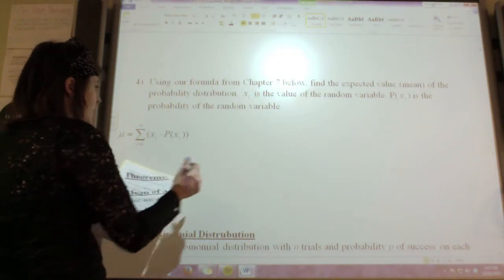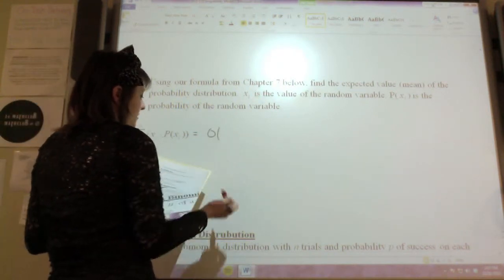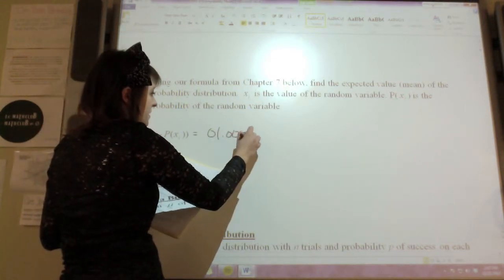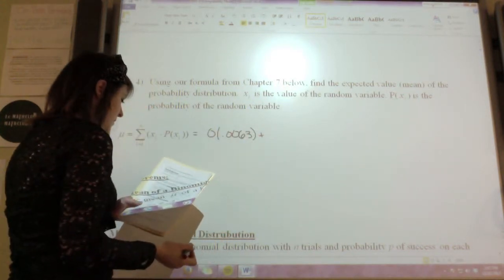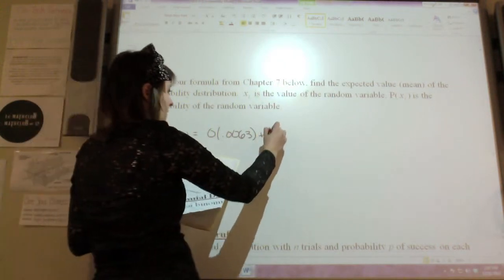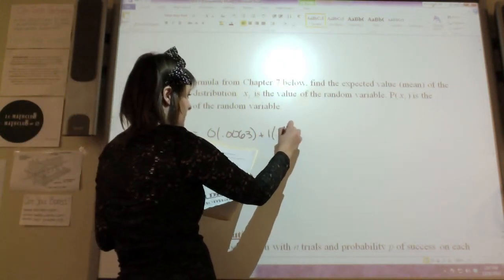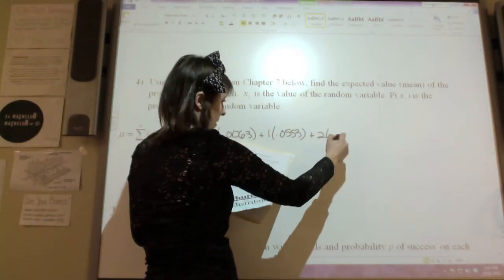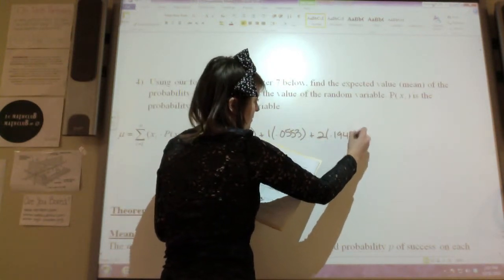for my first one I had 0 was my random variable, and the probability for that was 0.0063. Okay, then I take 1 times 0.0553, and I take 2 times 0.1941.